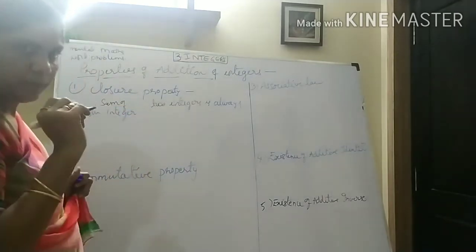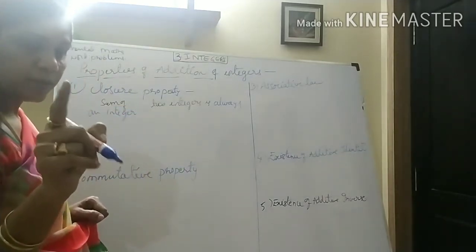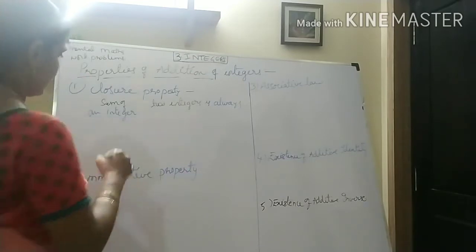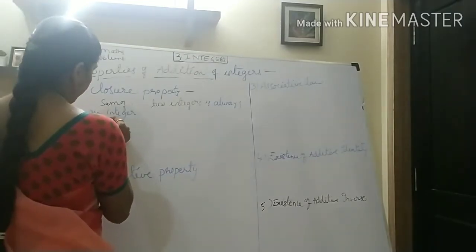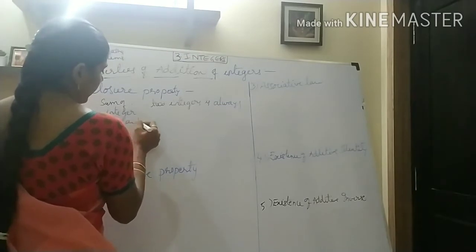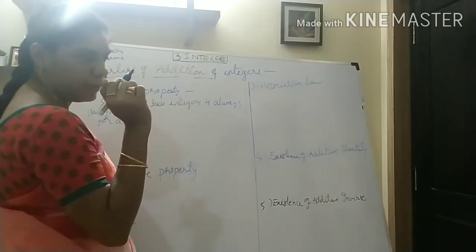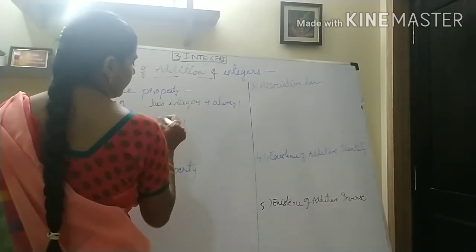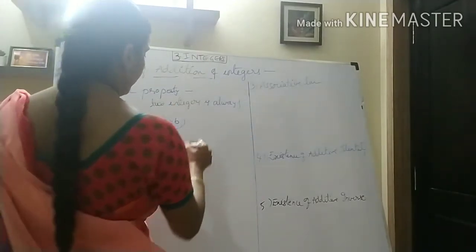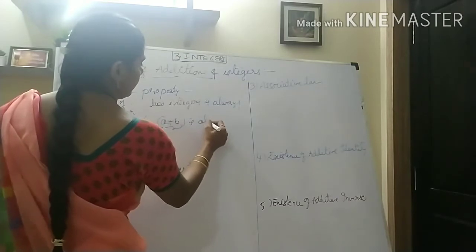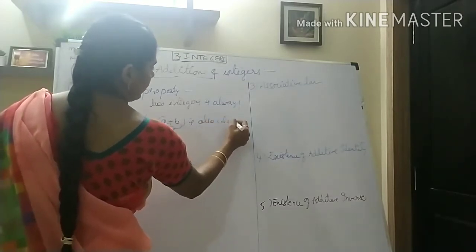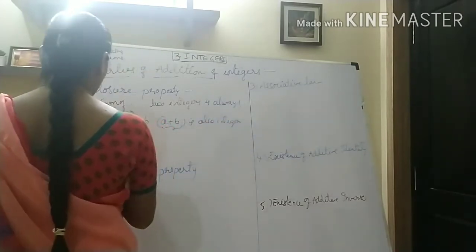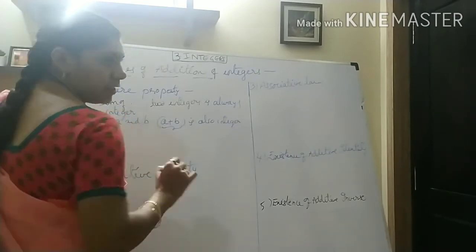For example, I am writing with alphabets: for A and B, I am adding A plus B. The result of this is also an integer. Check this with examples.